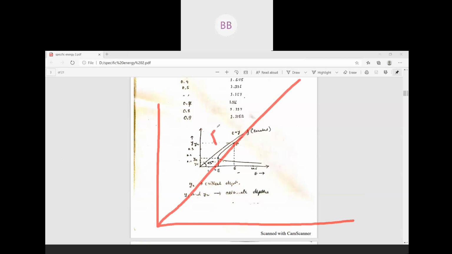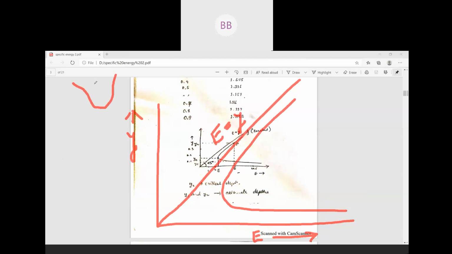This is at 45 degrees, E is equal to Y. This is your Y, and this is your E value, specific energy and depth of flow. Then for a particular discharge, we will have one curve. Suppose you consider any cross section.